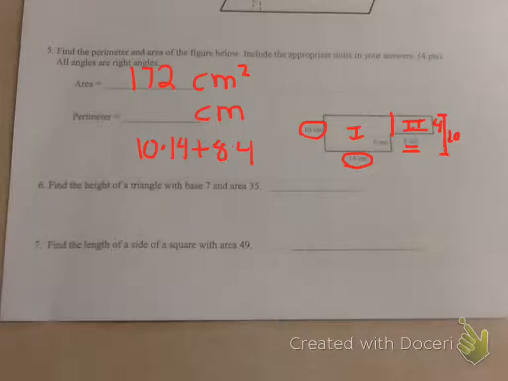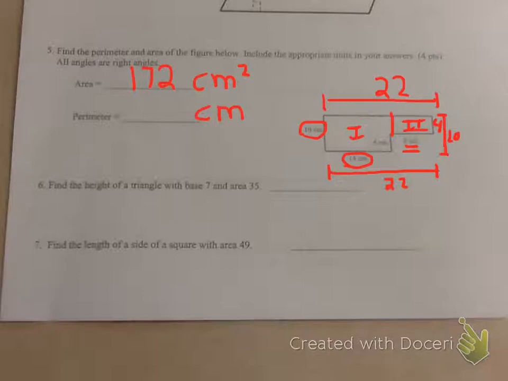On the perimeter part, perimeter just means add up the distance around. Now, across the top would be the same as across the bottom, and across the bottom is 14 plus 8 is 22. So if you simply add together all of the parts, I'm going to erase the area part and calculate the perimeter now.